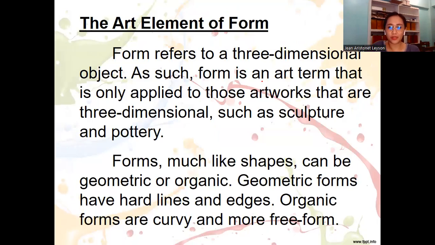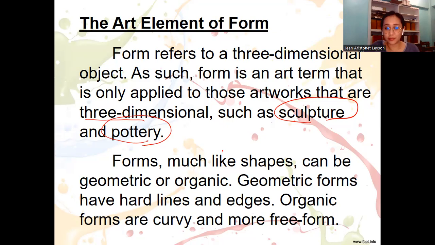As such, form is an art term that is only applied to those artworks that are three-dimensional, such as sculpture and pottery. Two-dimensional objects don't have any form, but for three-dimensional ones, we can see that it has a certain form to it.